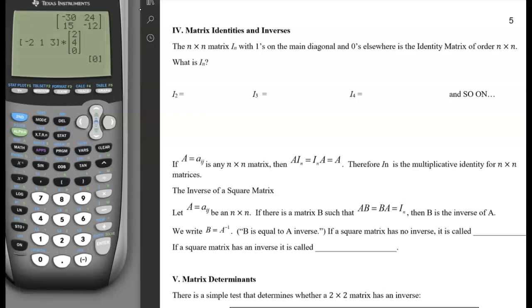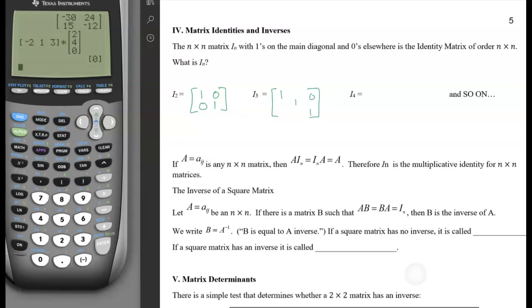So if we're looking at an identity matrix of size 2, that's going to be a 2 by 2 matrix that has ones on the diagonal and 0 everywhere else. If I'm looking at an identity matrix of size 3, I sub 3, that's going to be a 3 by 3 with ones on the diagonals and zeros everywhere else.